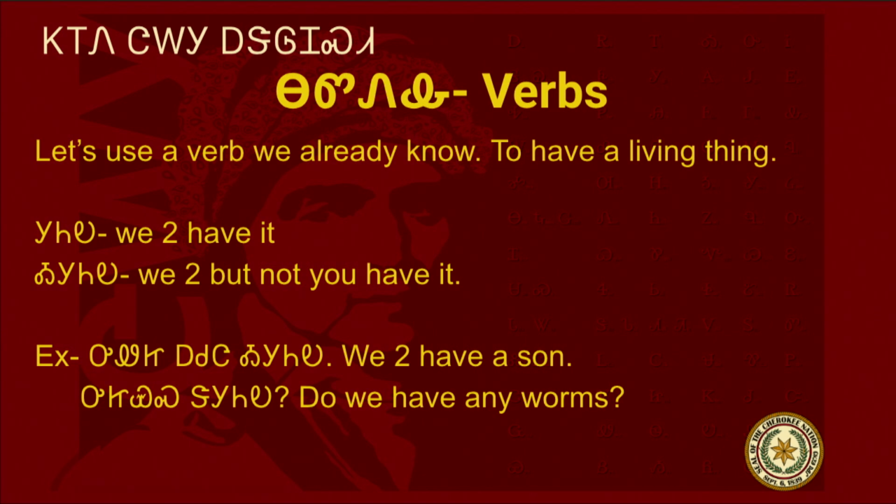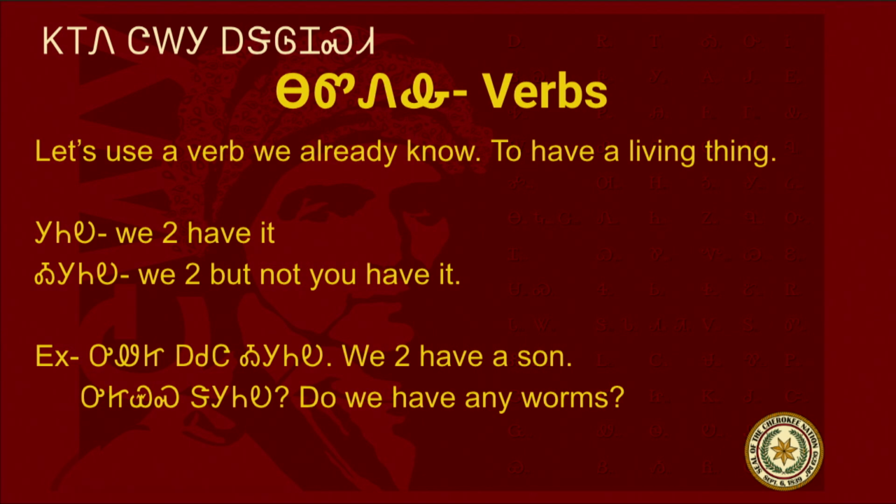An example: the two of us have a son. Uwej achuj ogini ka. So I'm telling somebody else, me and this other person over here have a son. Uwej achuj ogini ka. Okay?